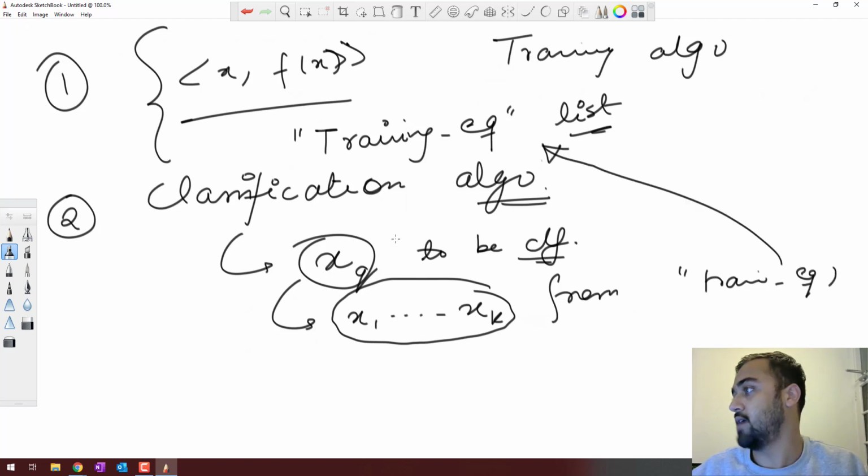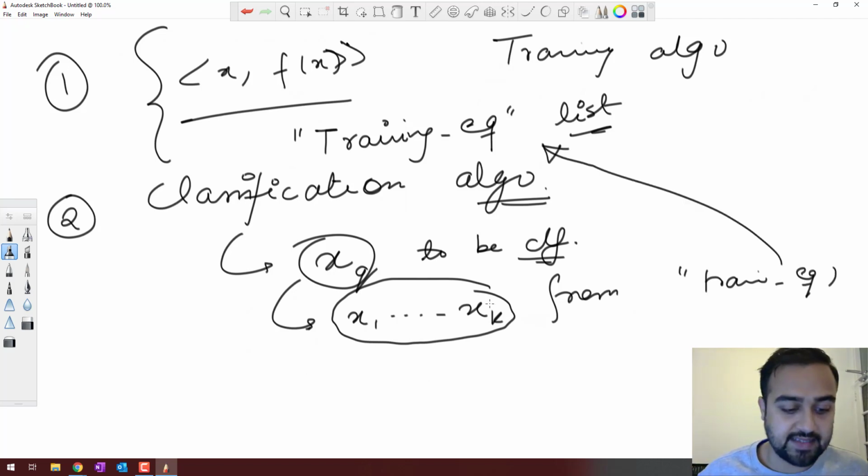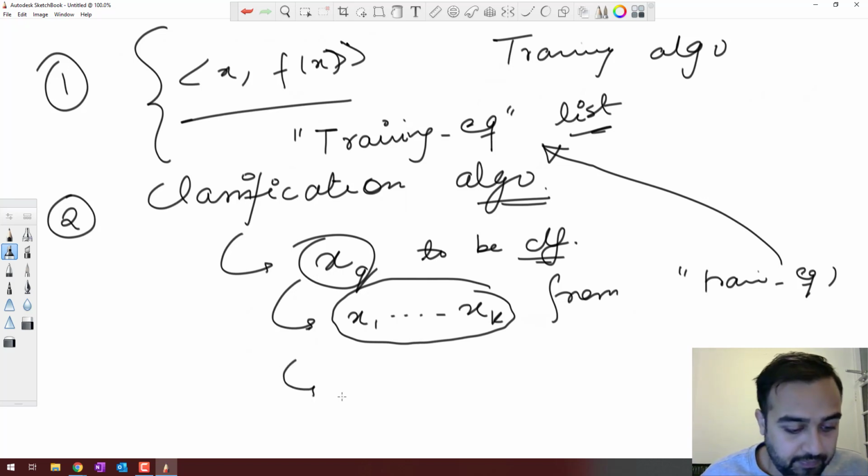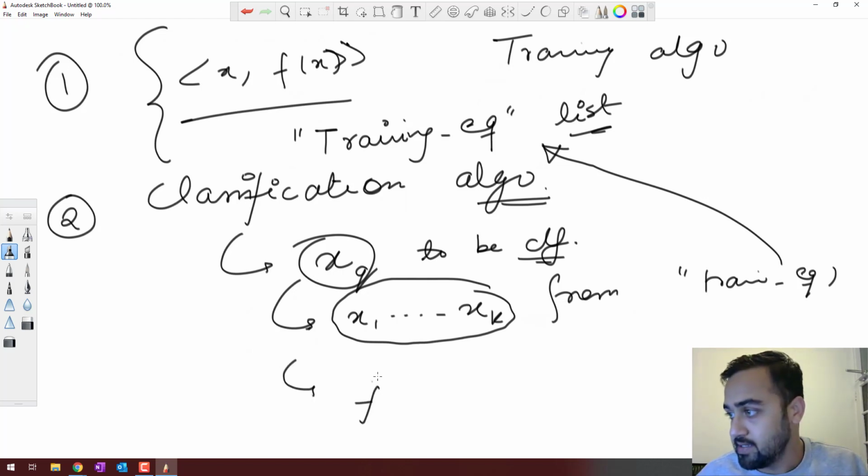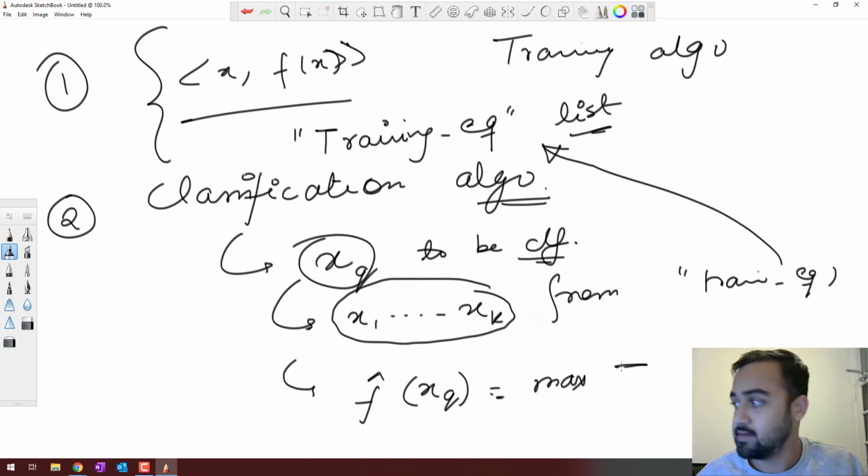We find the values x1 till xk that are nearest to xq, and then what you return is f hat xq equals argmax over v of sigma of delta of v comma f of xi, where i goes from 1 to k, right?